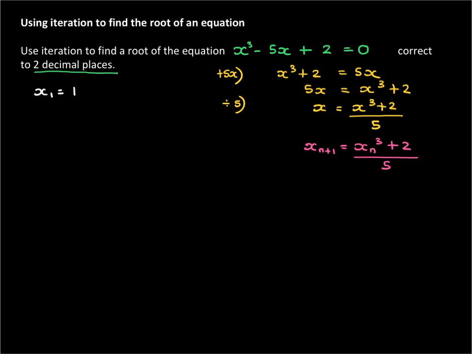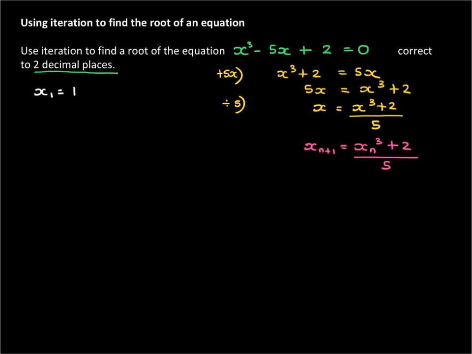Now, for the purposes of GCSE, you are allowed to stop when 2 consecutive values that you generate are equal to 2 decimal places, or the degree of accuracy to which you are rounding. Those of you who go on to study A-level maths will learn much more about this, and actually there are a few more steps that really need to be considered, but for the purposes of GCSE, we can use this basic rule.